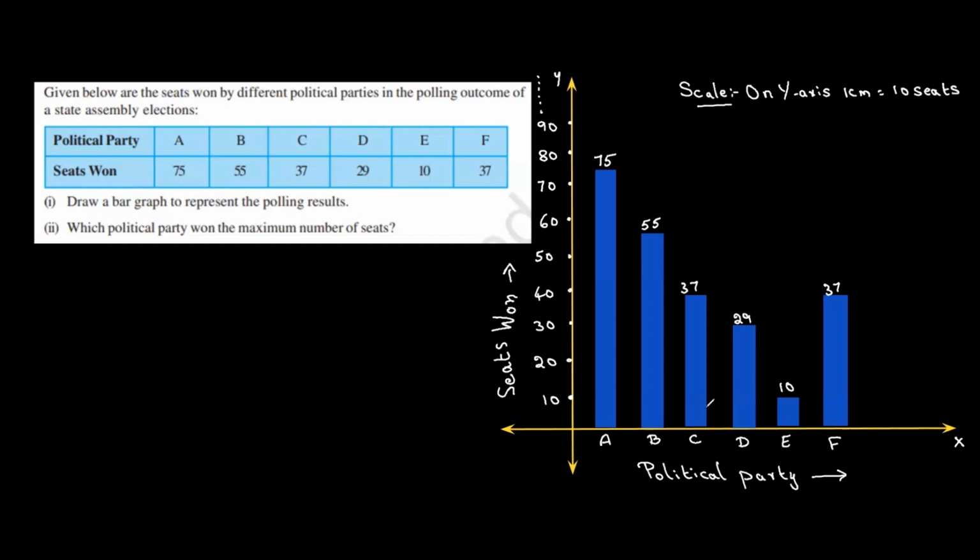So after finishing all this bar graph, we can understand that political party A got more number of seats when compared to the other. The same thing we'll mention as a conclusion here.